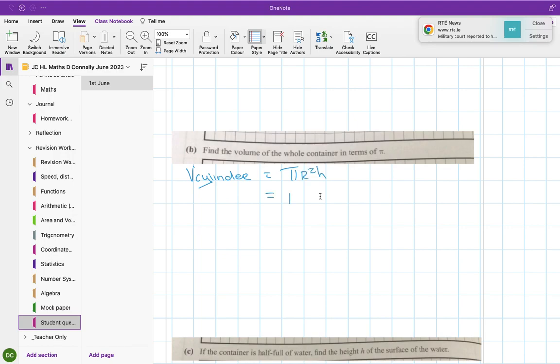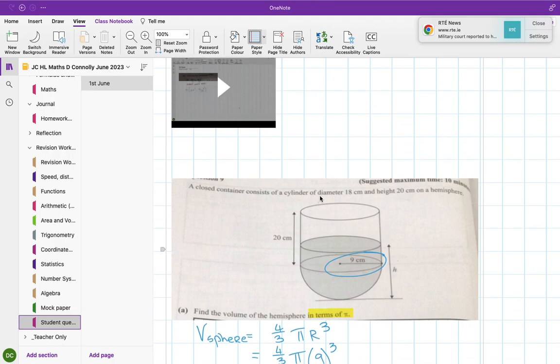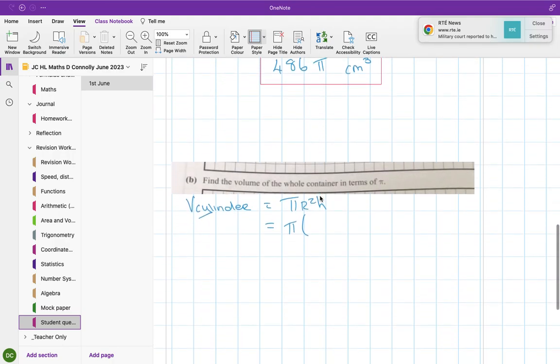So put that here. The pi is pi. The r, what was it? 9. And then the height is 20. So 9 squared times 20. So shift pi, bracket 9 squared, bracket 20, and that is 1620 pi.